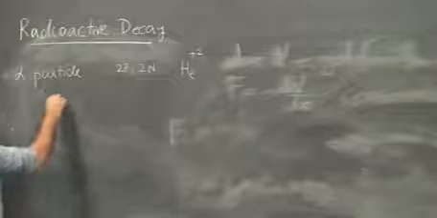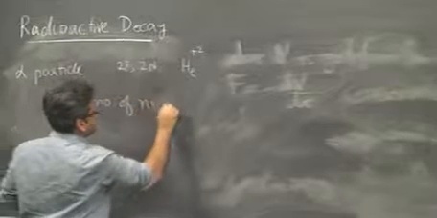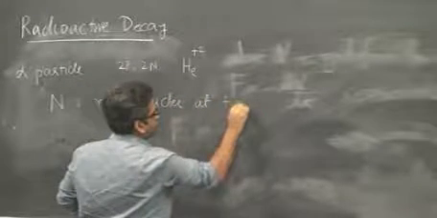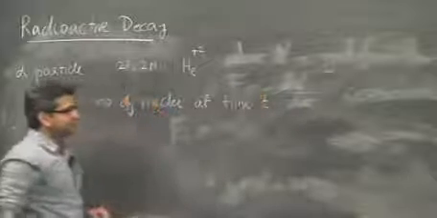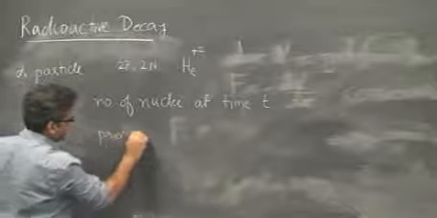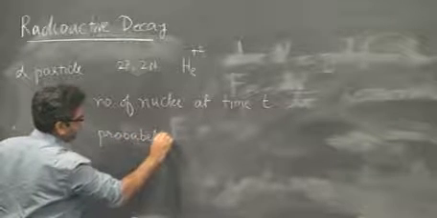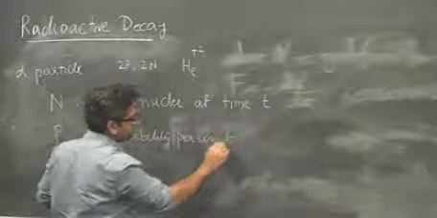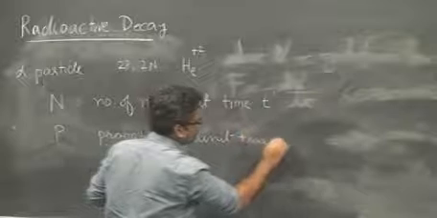The question is that if n represents the number of nuclei at time t, and p is the probability per unit time of decay.